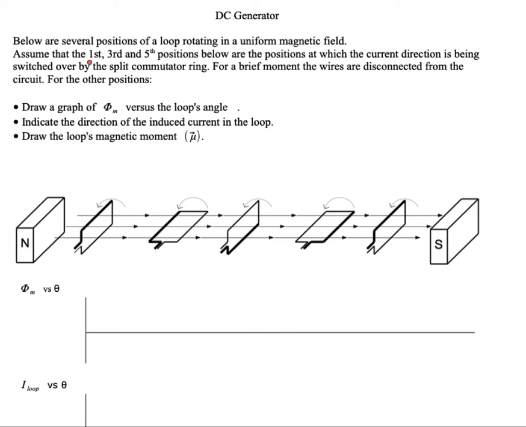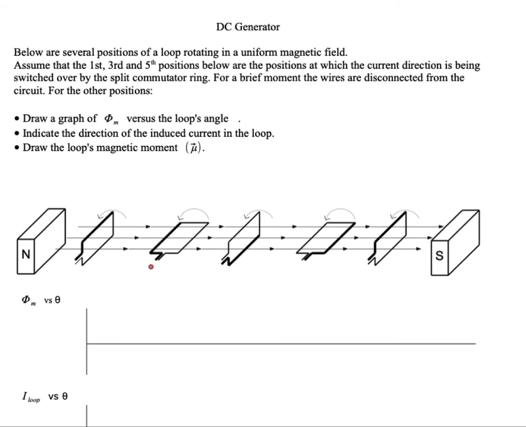It says here that at the first, third, and fifth positions, there won't be any current because the split commutator ring stops the current. But what ends up happening with the split commutator ring is this. First, we see that the current is going to be directed in a counterclockwise way.